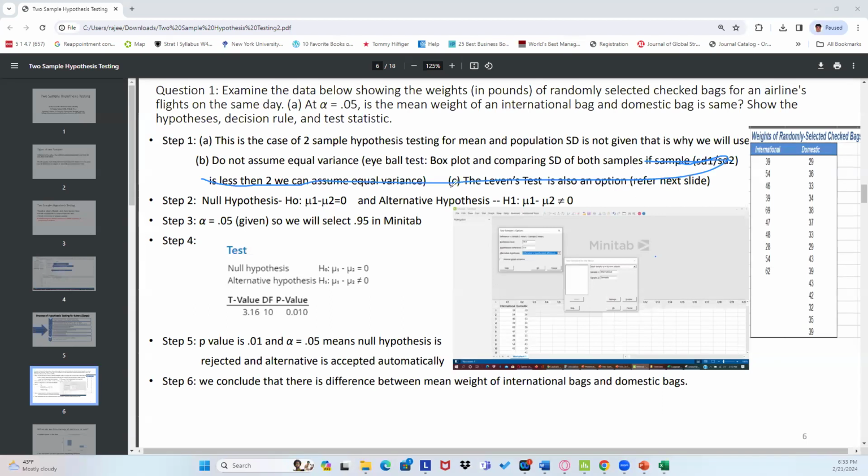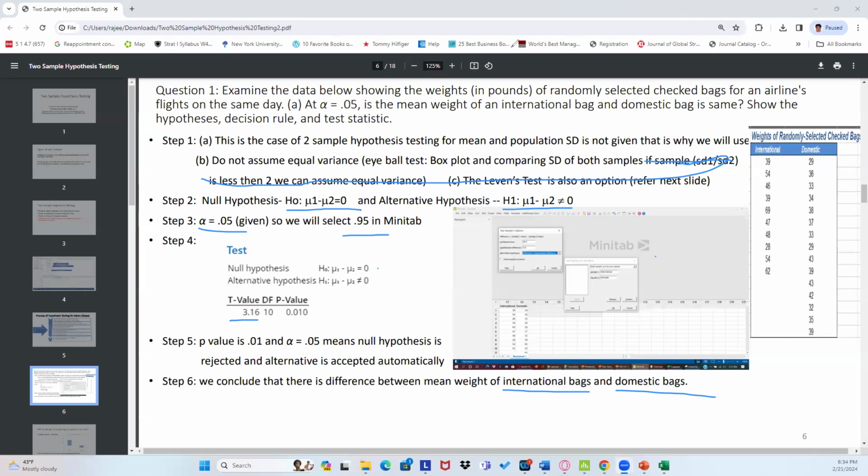Now we have more sophisticated tools, so please follow the tools that we have. Null hypothesis this, alternative hypothesis this, 95% confidence, alpha is 5%, test, and we get this. The p-value is 1%, so the hypothesis is rejected, and we conclude there is a difference between the mean weight of international flight bags and domestic flight bags.